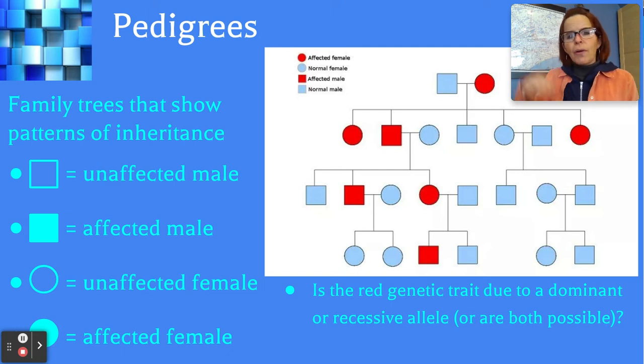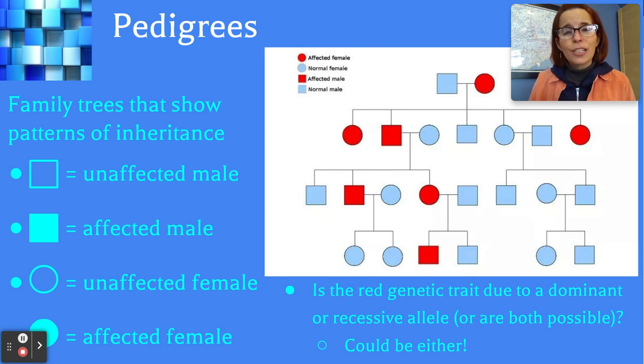So as I look through, it still looks like this is a possible dominant trait also. So in this case, it could be dominant or recessive. There are things that give us a hint that it's probably dominant because it's showing up in every single generation. That makes it more likely, but it could be recessive.